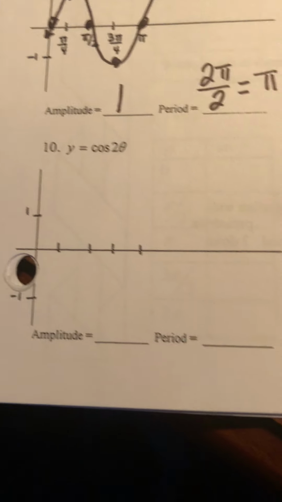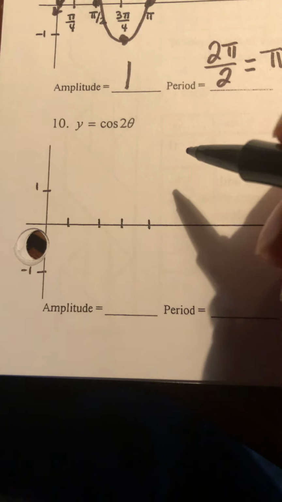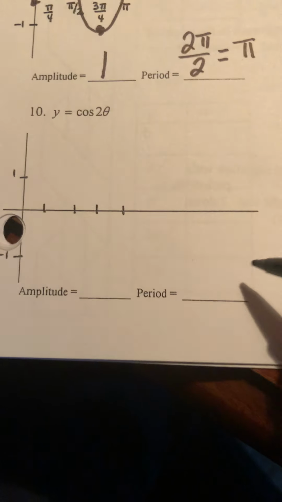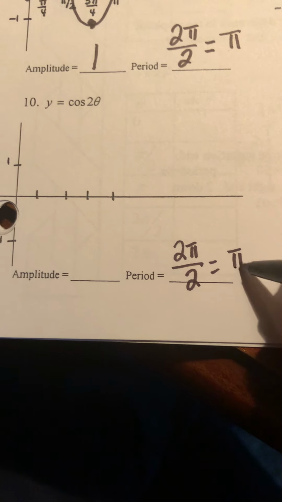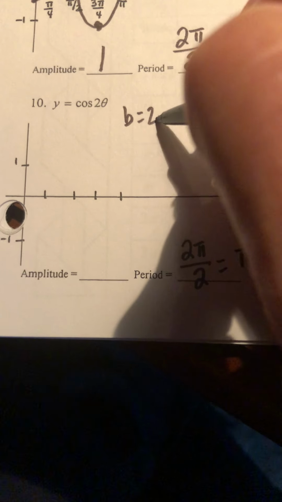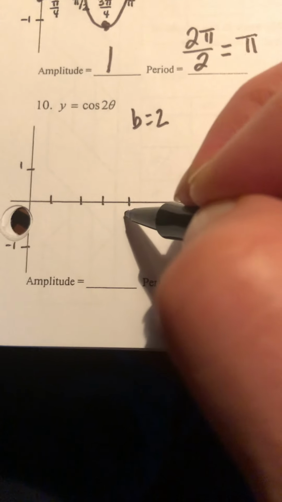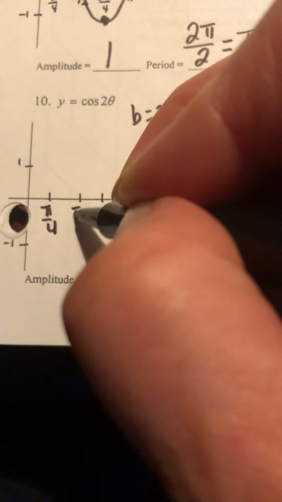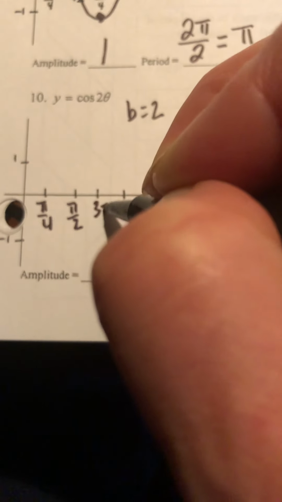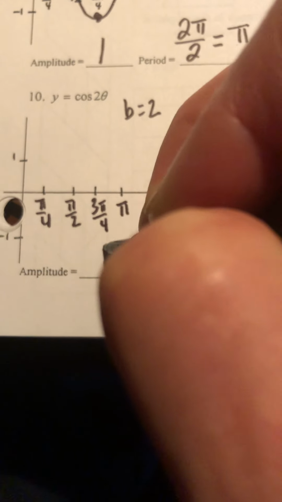Now we go through the same thing, but with the cosine wave, and you'll notice here that I've taken the tick marks off, so we have to start doing them for ourselves. Here, when the b is 2, 2 pi over 2 is pi, and we split that into quarters: 1/4, 2/4, 3/4, 4/4.